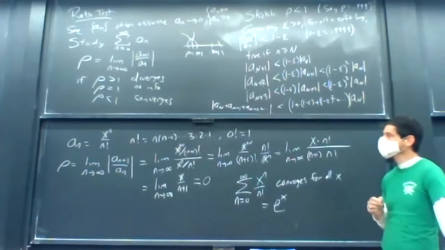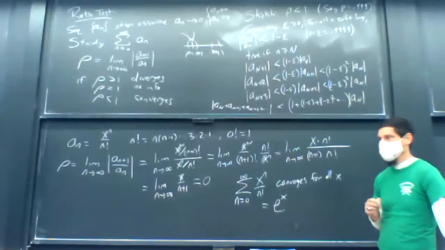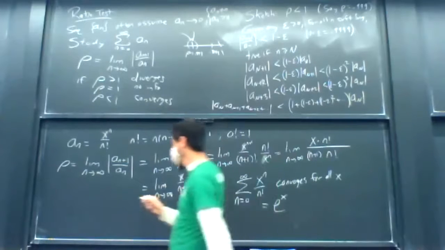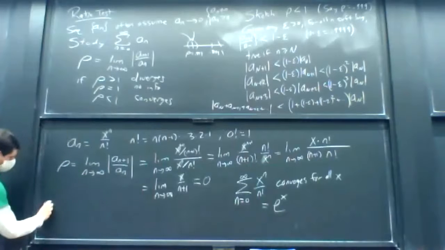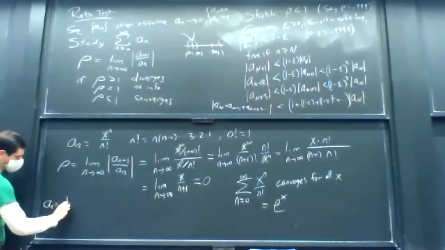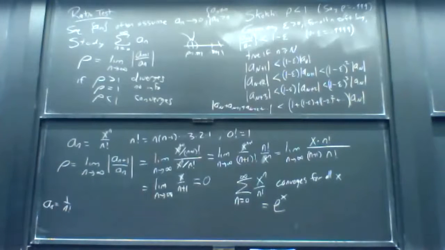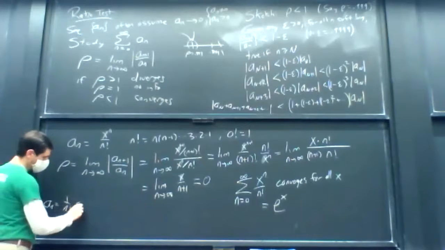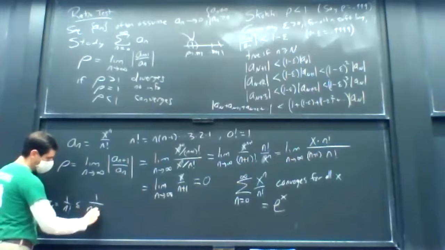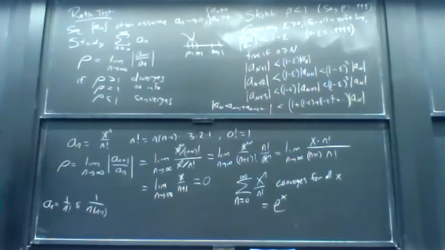We could have done this without using the ratio test. If we just looked at an is 1 over n factorial, this is going to be equal to 1 over n times n minus 1, and so on.